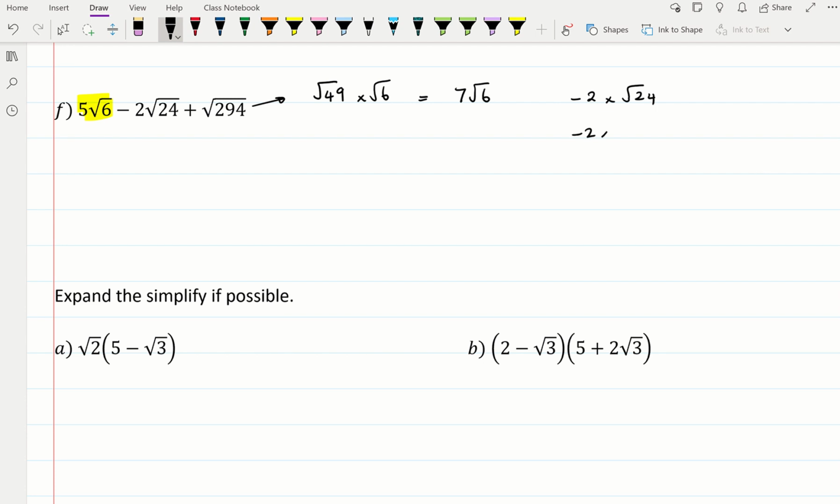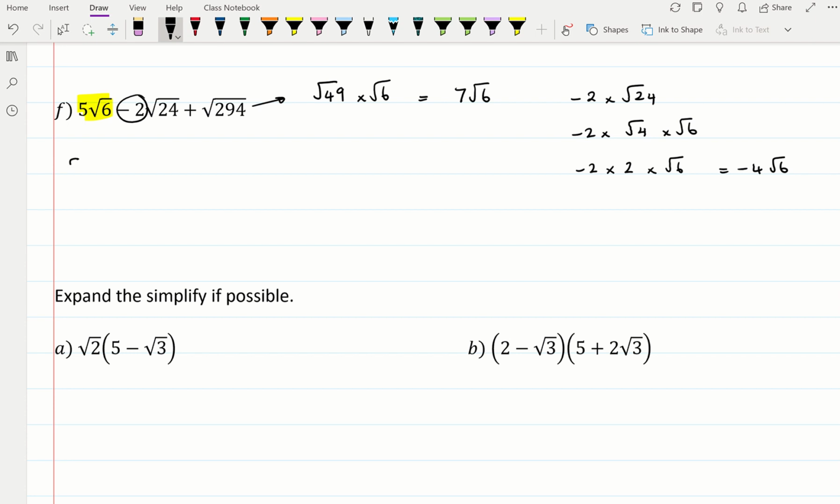So that's negative 2 times root 4 times root 6. And again, I've spotted the pattern. It's going to be something to do with root 6. So I know that a factor of 24 is 4 times 6, so root 4 times root 6. That's the negative 2 times root 4, which is 2, times root 6. Negative 2 times 2, negative 4 root 6.